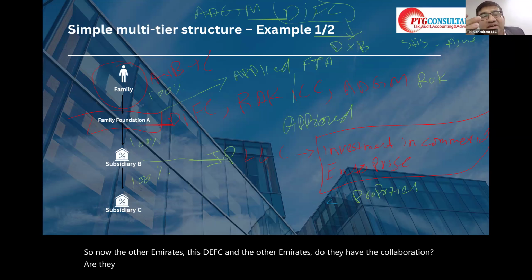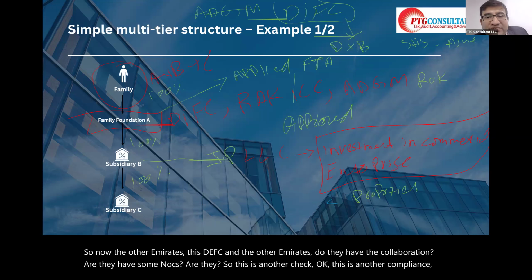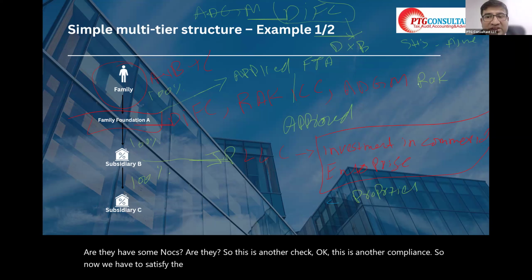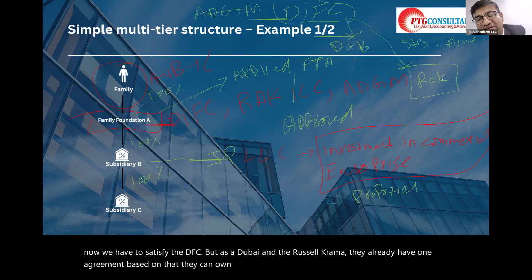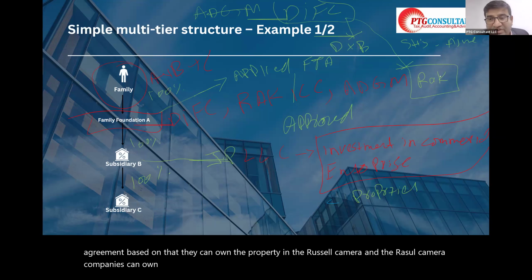So this is another check, another compliance. Now we have to satisfy the DIFC. But Dubai and Ras Al Khaimah already have one agreement. Based on that, they can own the property in Ras Al Khaimah, and Ras Al Khaimah companies can own the property in DIFC. So this is one of that.